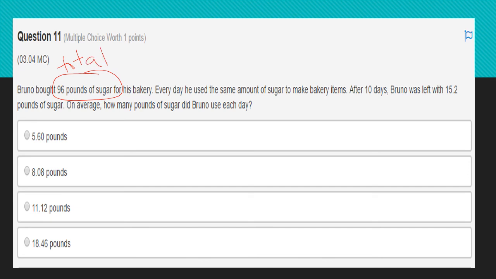Every day he used the same amount of sugar. That's important. They tell you that for a reason. After 10 days, Bruno was left with 15.2 pounds of sugar. On average, how many pounds of sugar did Bruno use each day? All right, so let's set this up as an equation. Now, oftentimes when I set up an equation or an inequality, we've talked about this before, our total goes on one side and everything else goes on the other.